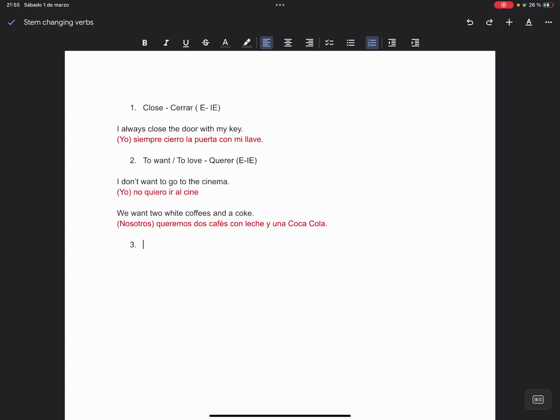The verb come back or to return to a place. And that is the verb volver. What happens to volver? The O becomes a UE, following the boot rule.